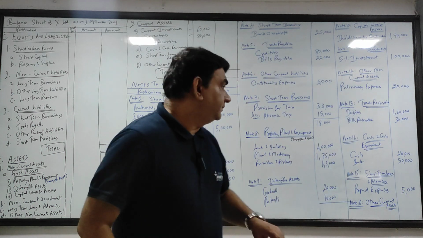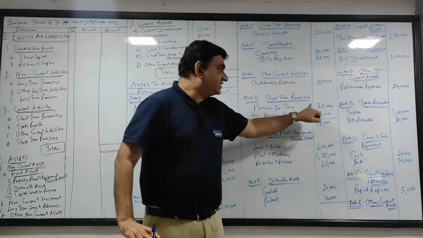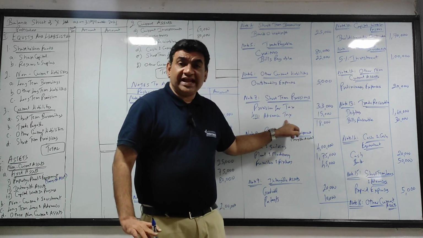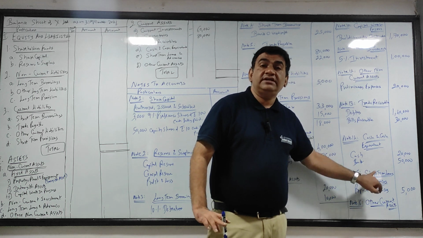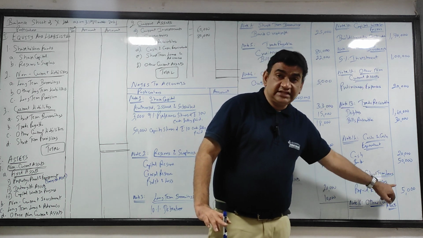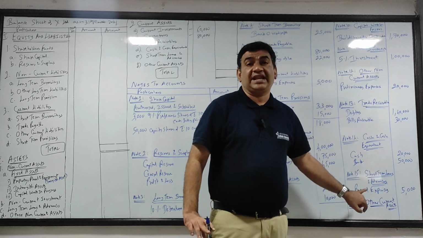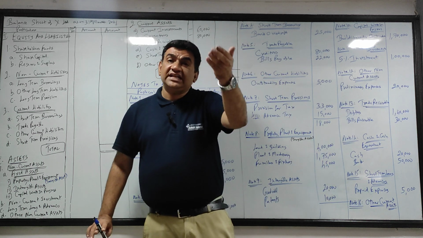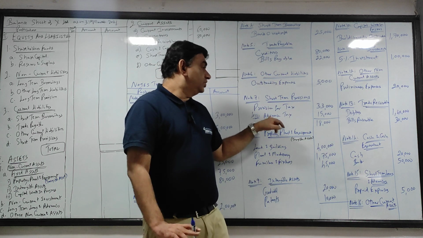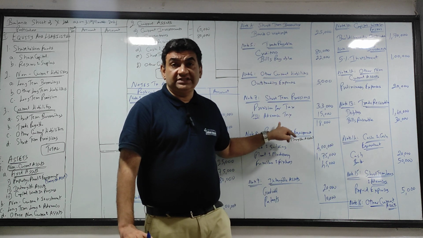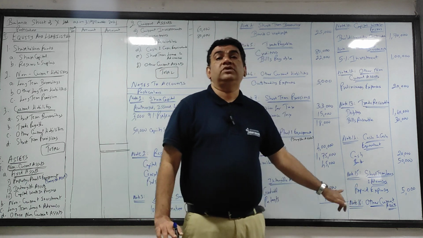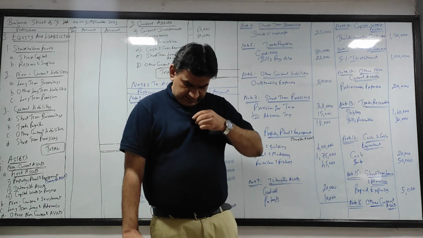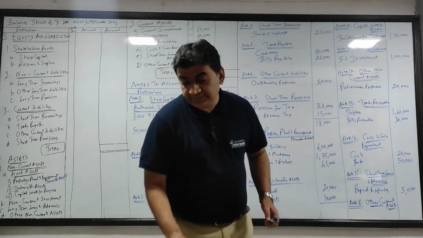Again I repeat: if advance tax was 33 and provision for tax 15, I would have written advance tax 33,000 less provision under short-term loans and advances. If provision is more than advance tax, show the net effect in short-term provision. If advance tax is more, show the net effect in short-term loans and advances. Clear with this guys? Got it?